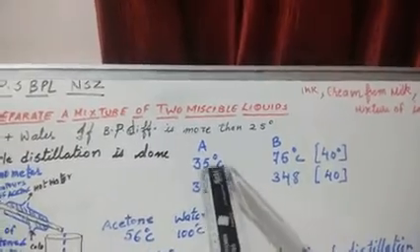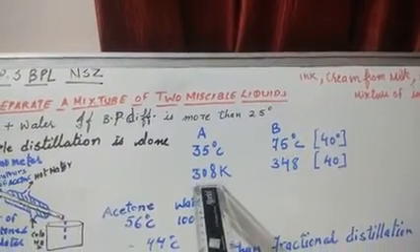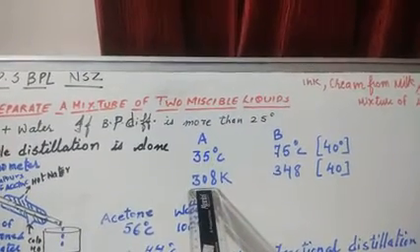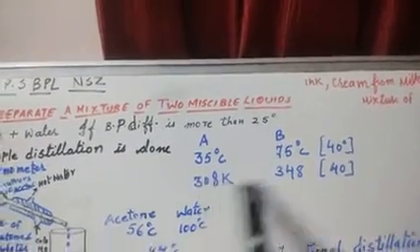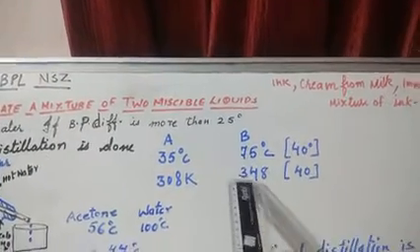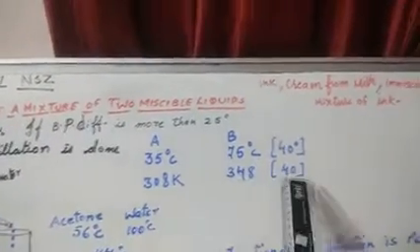If you are converting this Celsius into Kelvin by adding 273 to this, you will get 308 Kelvin, and here 273 when added to this, you will get 348. Again the difference is 40.